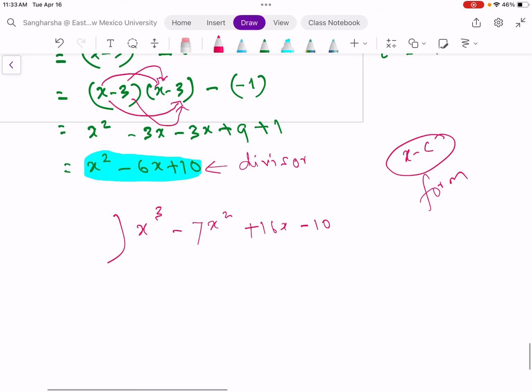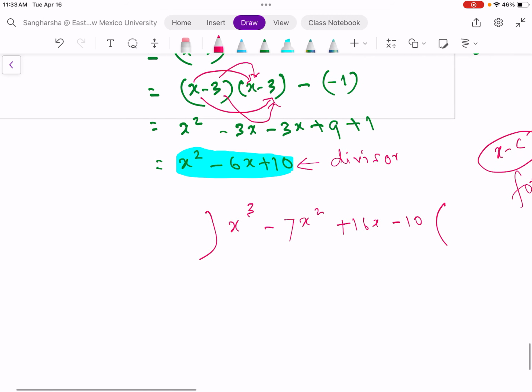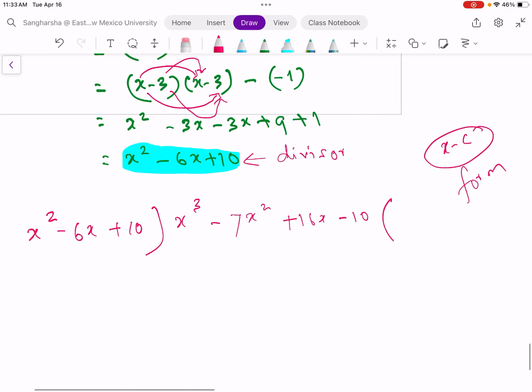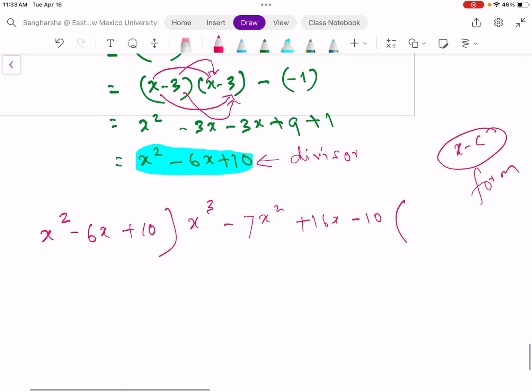We divide this polynomial by our divisor x squared minus 6x plus 10. We use long division, and the method is we divide the leading term of the dividend, so this is the dividend, by the leading term of the divisor. So x cubed divided by x squared is x.